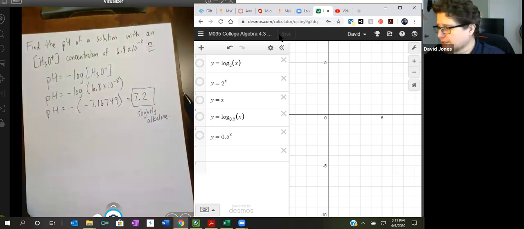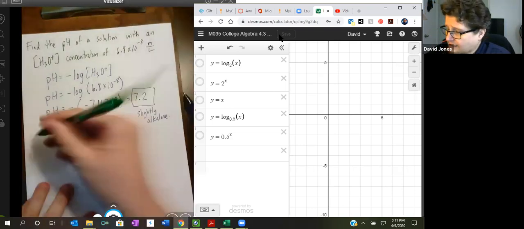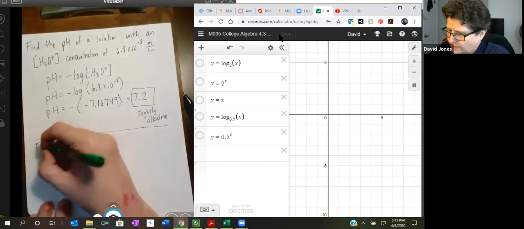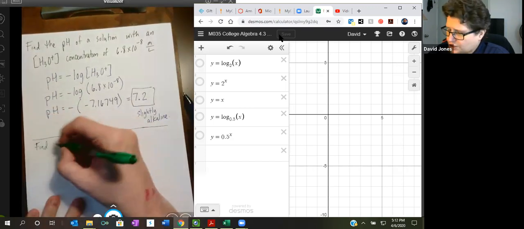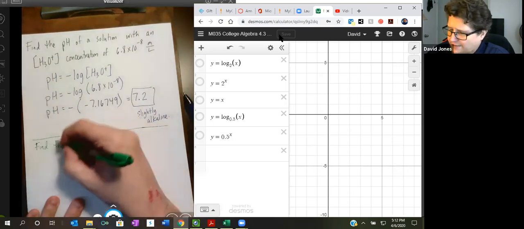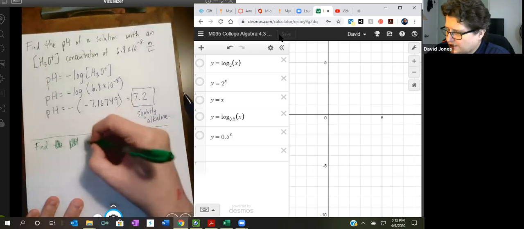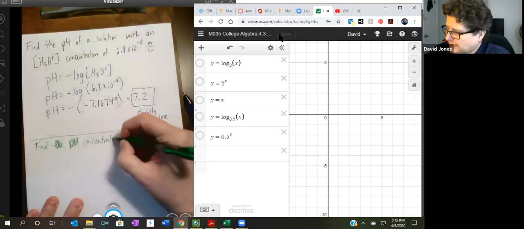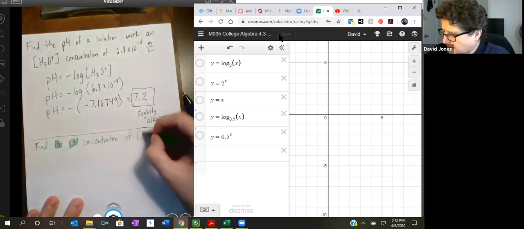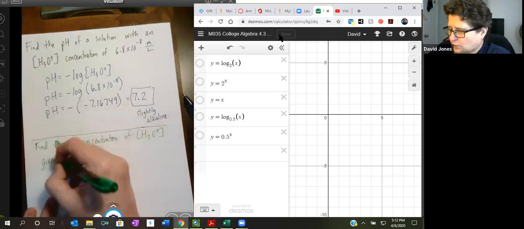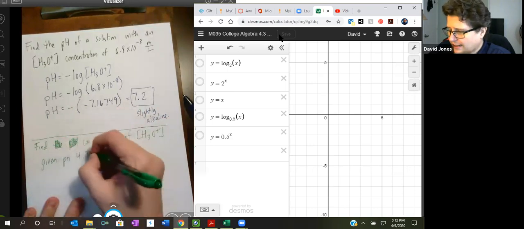And another example we can do. Find the concentration of H3O plus given pH equals 4.3.